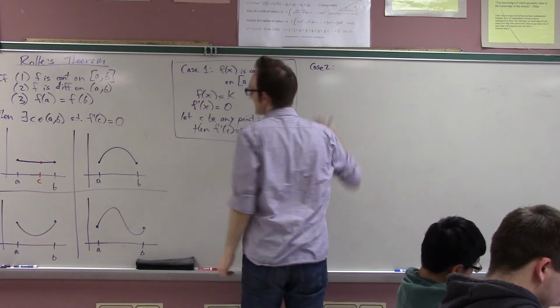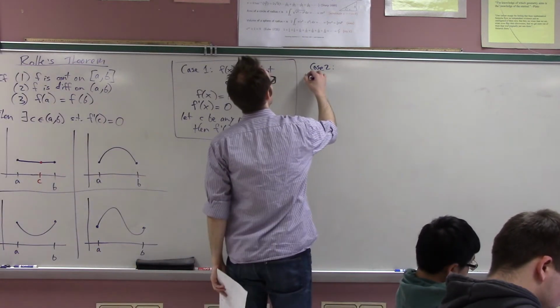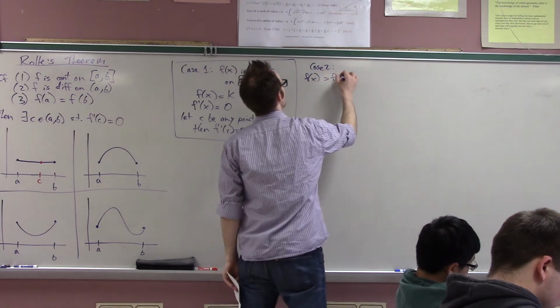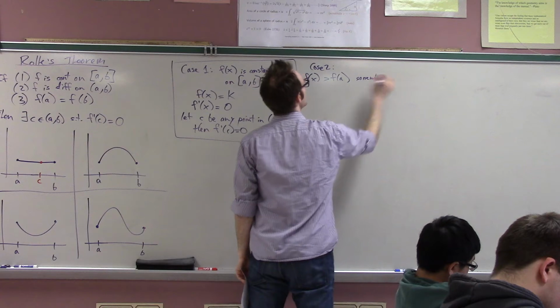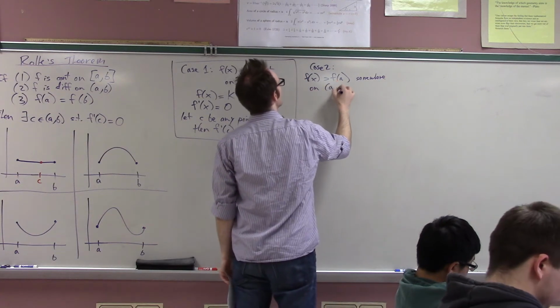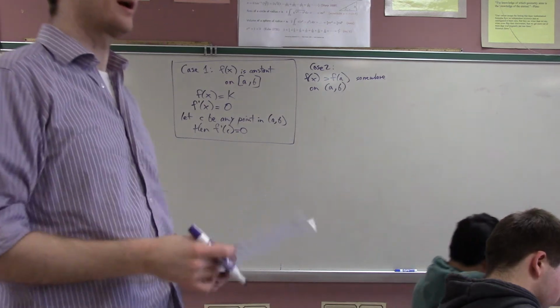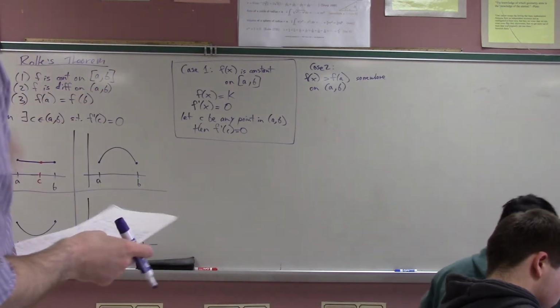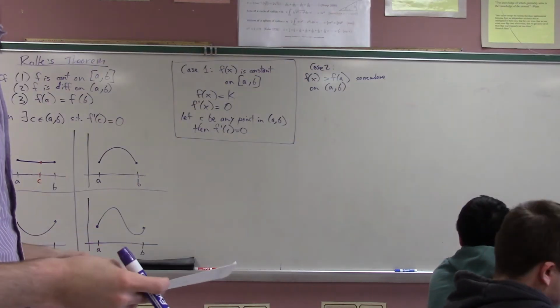So case 2 says f of x is greater than f of a somewhere on the interval ab. This is pretty vague. I'm just saying that this is a function which somewhere on that interval is larger than it is at the left and right endpoint.